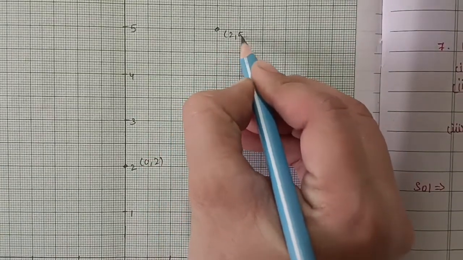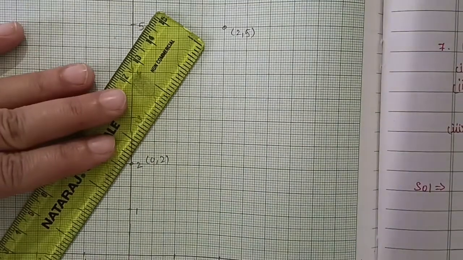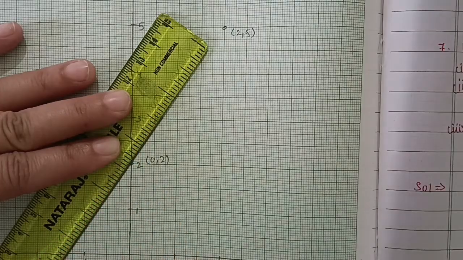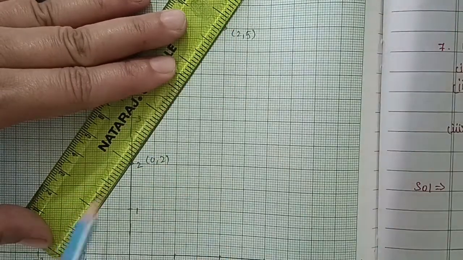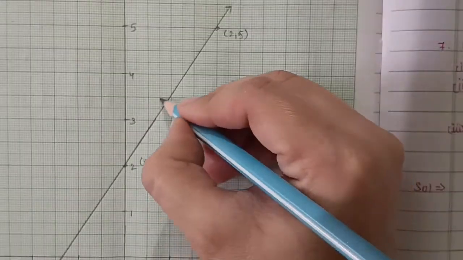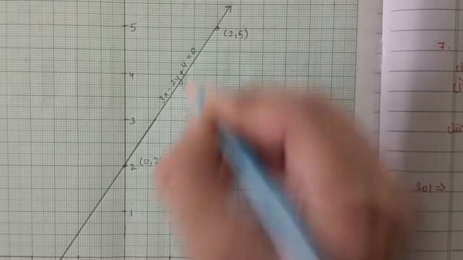Now we will join these 3 points together. This is for 3x minus 2y plus 4 equal to 0.